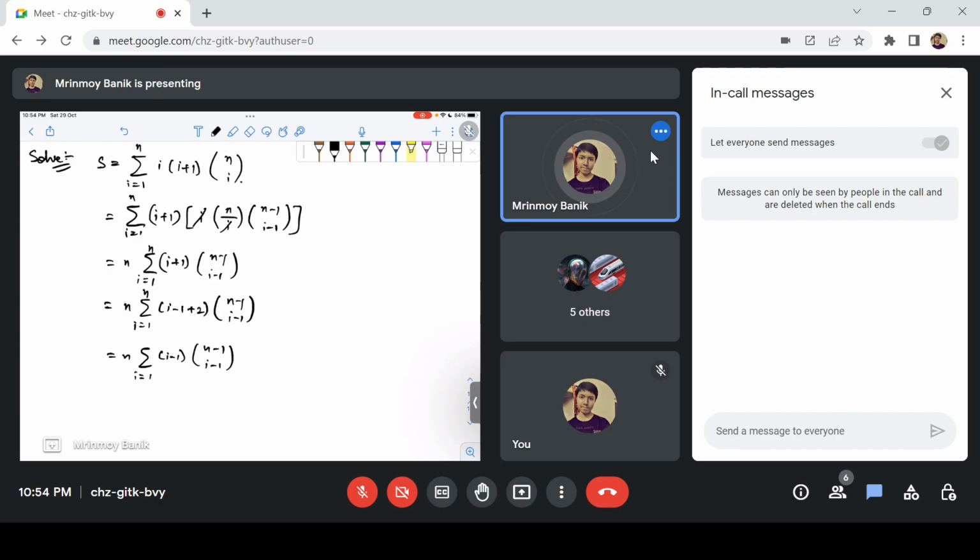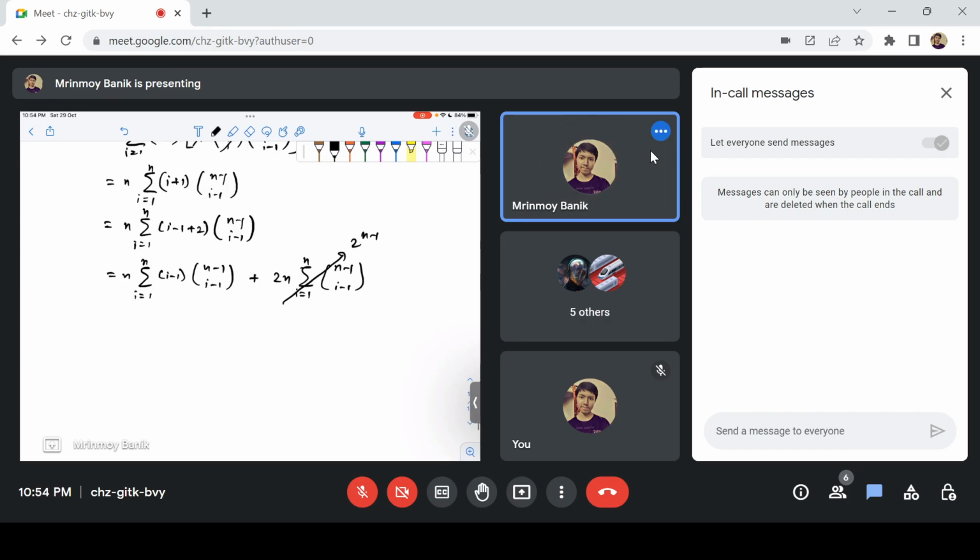The first part is with the i minus 1 factor, and the second part is just n minus 1 C i minus 1. This is just 2 power n minus 1 from the previous calculation.